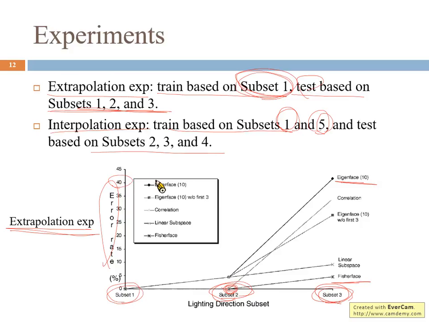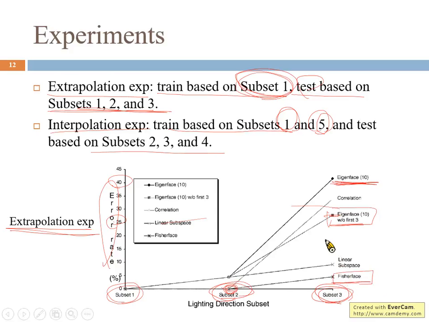There is also a method proposed after the original eigenface approach that suggests throwing away the first 3 eigenvectors. If so, we can reduce the error rate.